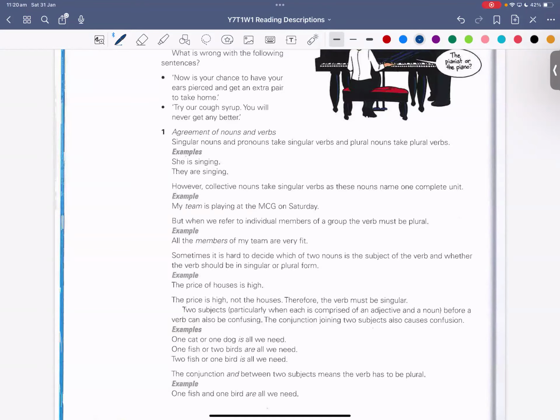Ambiguity. When we add a phrase, a group of words beginning with a preposition but without a verb, or a dependent subordinate clause, a group of words with a verb that makes sense only when joined to a main clause, we must put it in the right place or the sentence does not make sense.